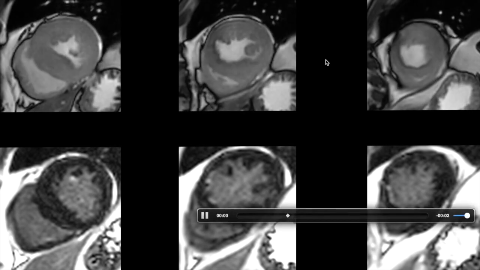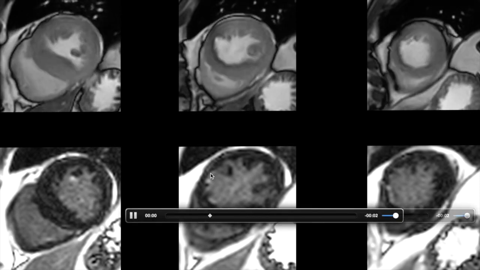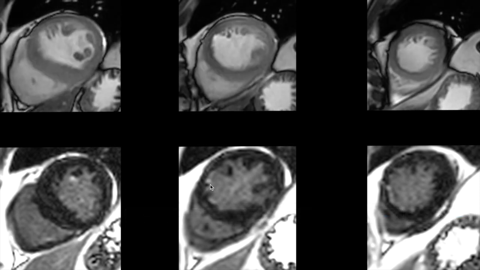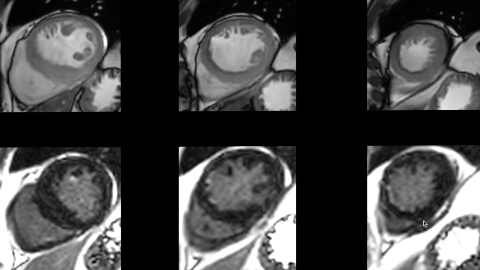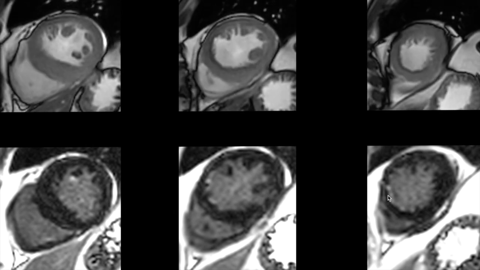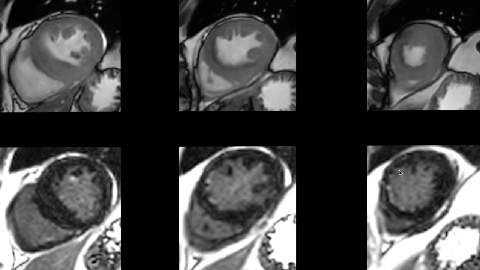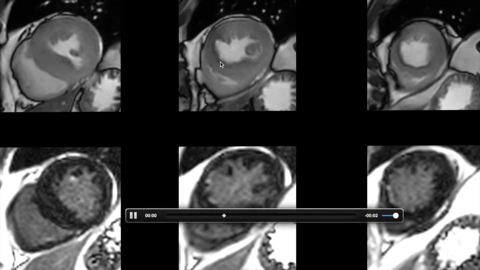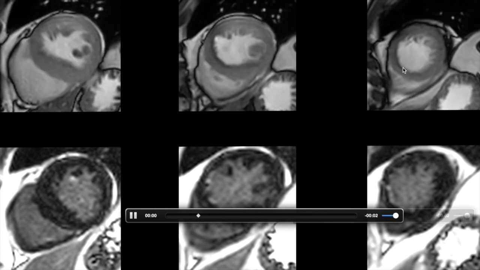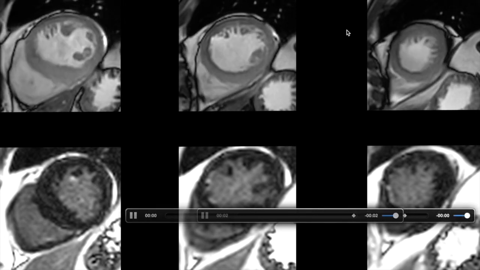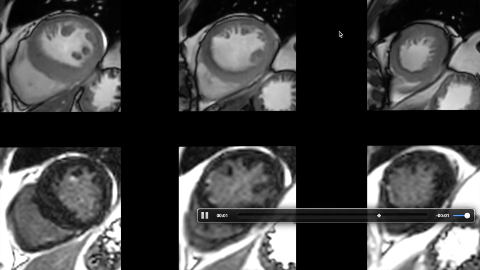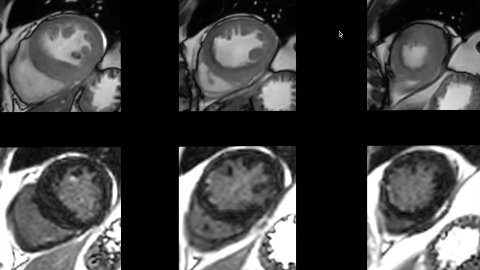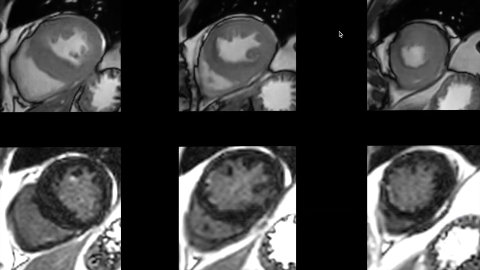What we can see are areas of subendocardial infarction along the anteroseptal segment, apical septum, and to some extent in the anterior segment. The same areas demonstrate hypokinesis, otherwise the wall motion is preserved. So if we were just assessing viability, we would have said all the segments are viable.